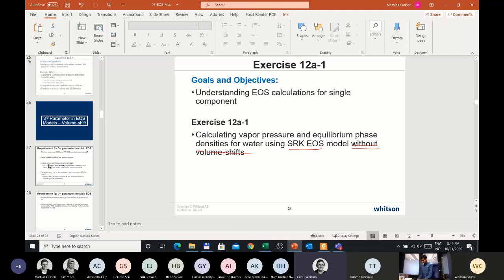I'll make a couple of comments if there are no questions. I'd rather have the questions come, if there are any regarding the cubic equations of state. One of them should be, why would you use the Peng-Robinson instead of the SRK? Which is more preferred? That's a more general question we usually get.